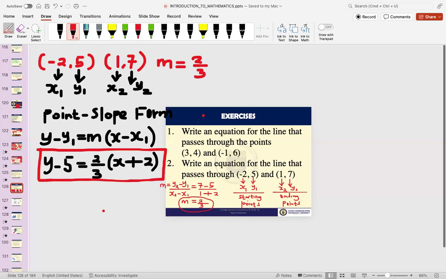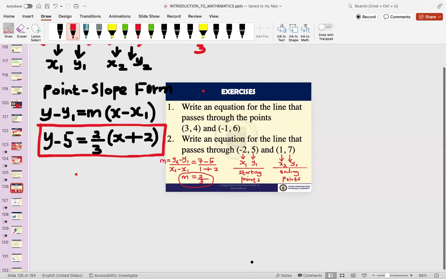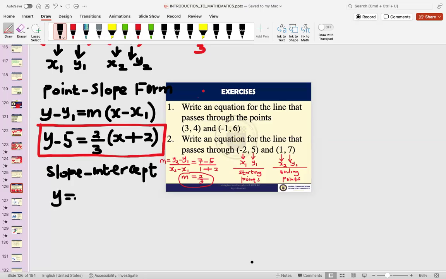Now, what about the others, which is the slope intercept? So the slope intercept we have learned today is written as follows: that y is equal to mx plus c.